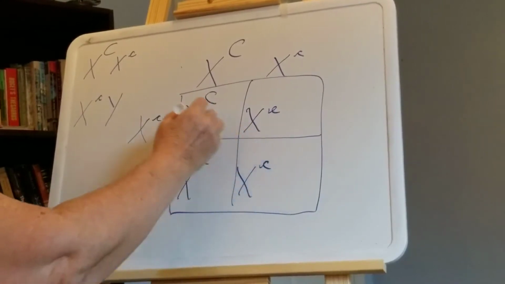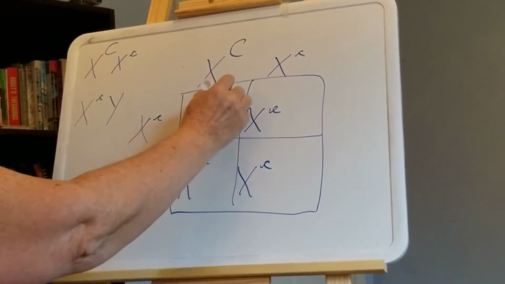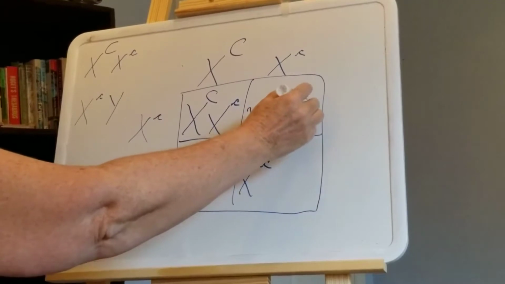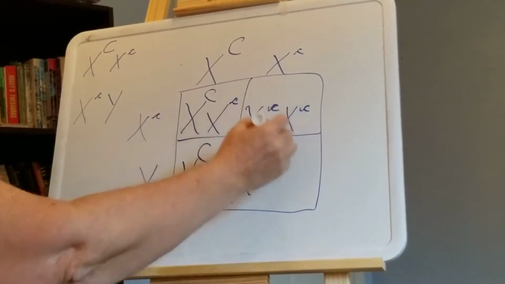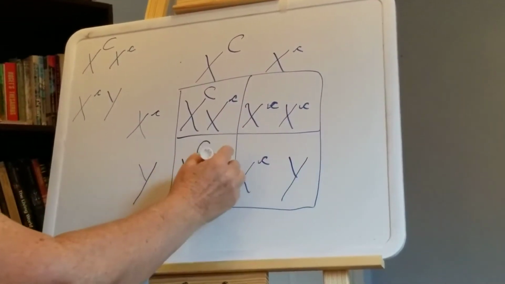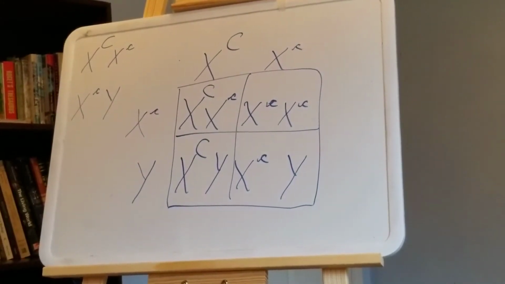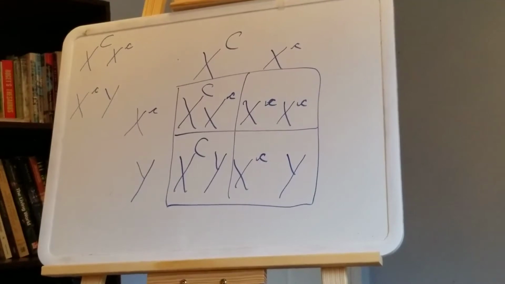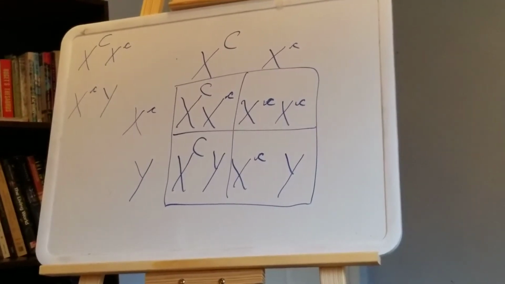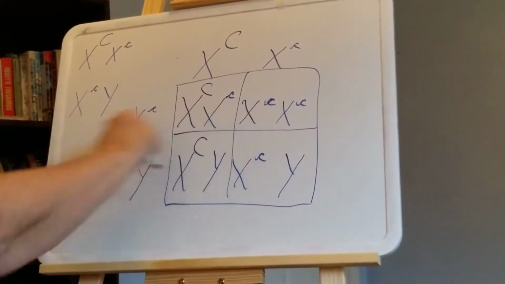And we'll bring those rows across. That's supposed to be a C. So now, if we look at this to predict what the offspring are, XX are females.